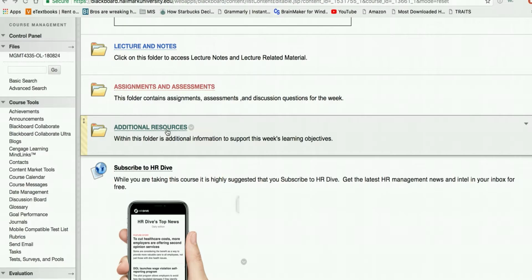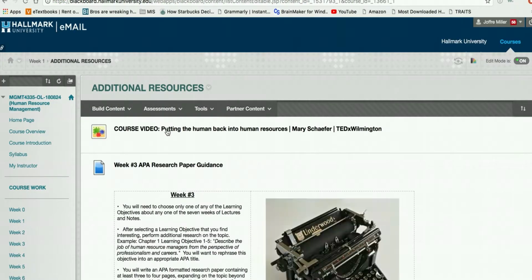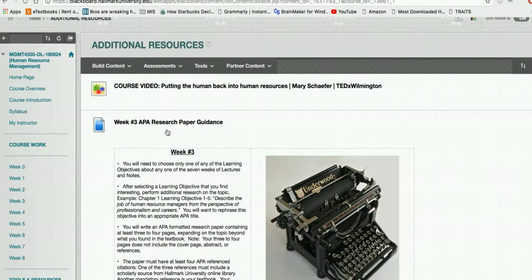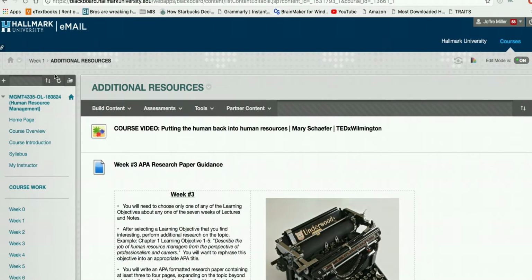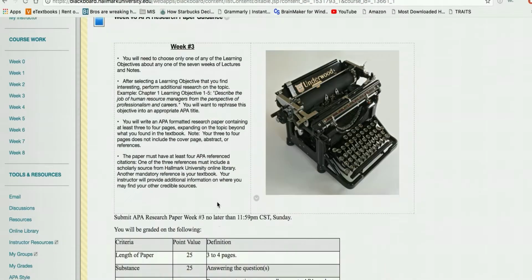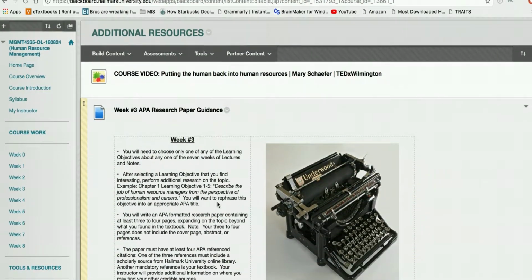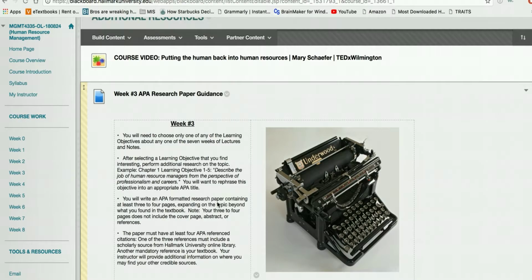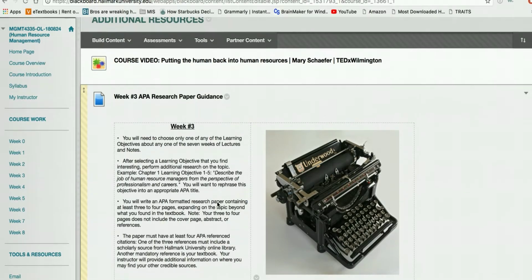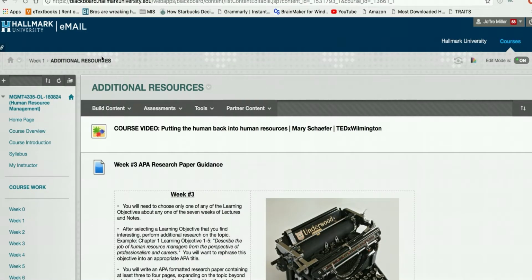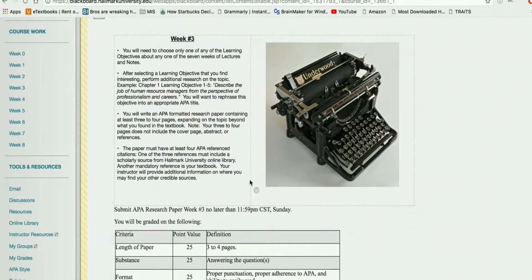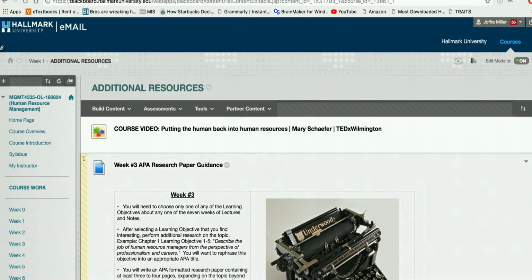But under additional resources, this is where you will find, we are looking at week 1, but I've got the information on what's required for the paper that's due in week 3. So you can start looking at that, because it's going to come around pretty quick. So in week 1, we have week 3's assignment under additional resources.